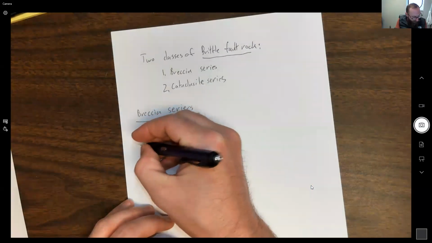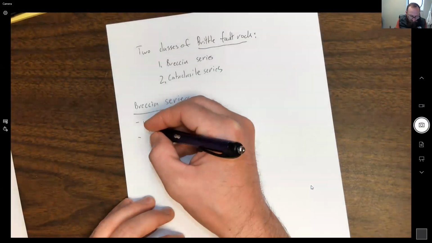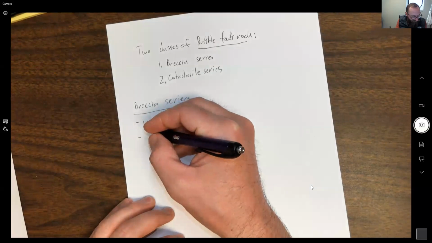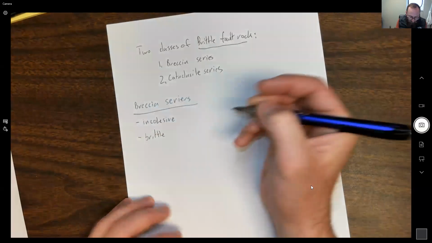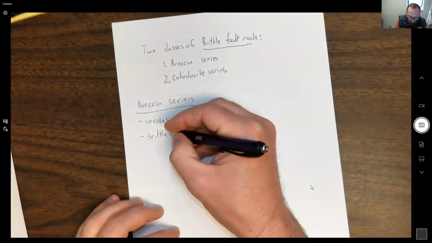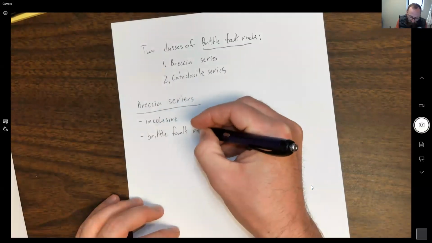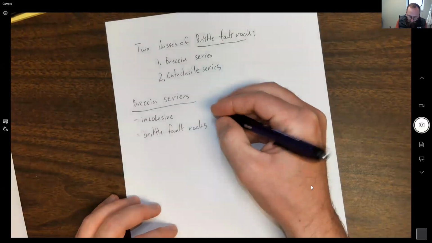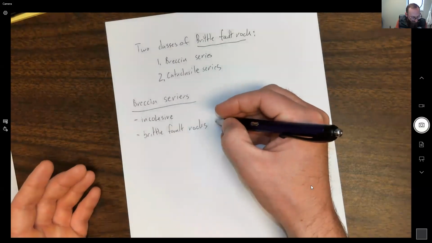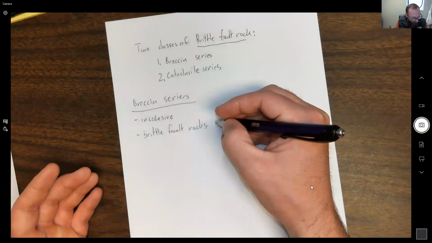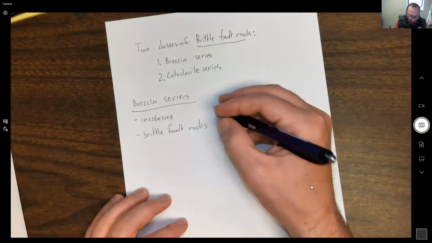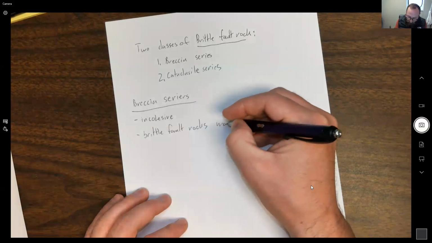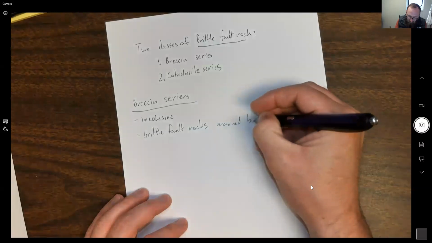Okay, and so let's define this in more detail. Breccia series rocks are brittle fault rocks that are marked by angular clasts in a finer matrix.